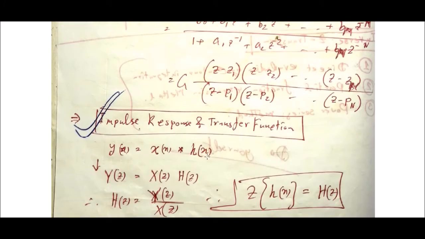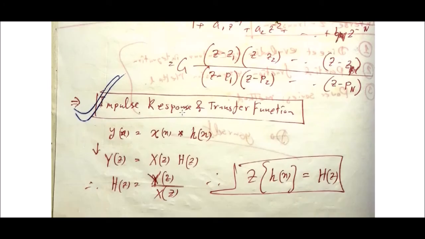Now remember, what is impulse response? Impulse response, for any DT system or any continuous time system also, was the response of the system for the unit impulse as input. It is denoted by h[n], and you know that the convolution of an arbitrary input signal with your impulse response h[n] will give you the output or response of the system.